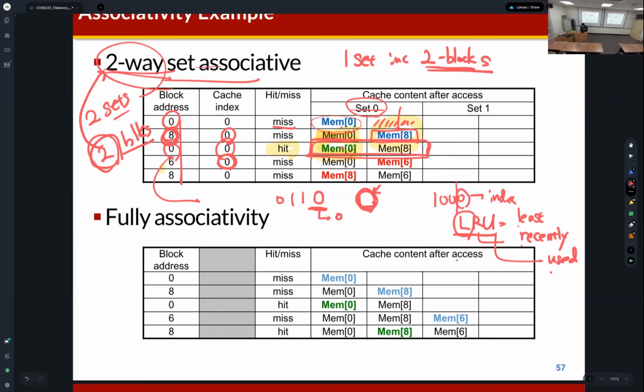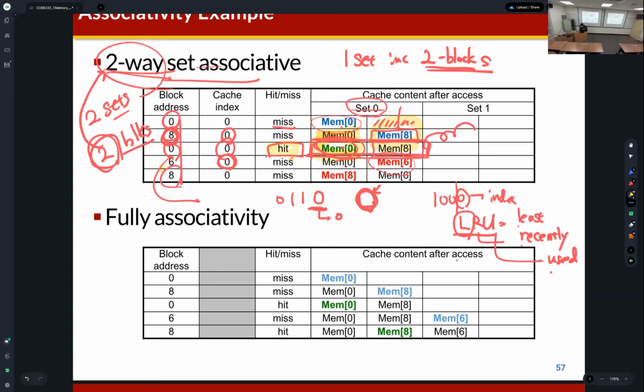Memory 0 is a hit, so it was used, right? So among these two blocks, memory block A is least recently used, right? So in this case, memory block A is evicted from the cache. Memory 6 is allocated to this block. It's replaced.